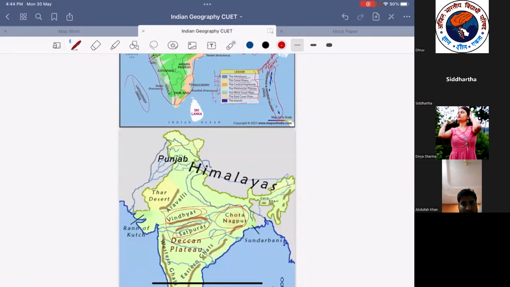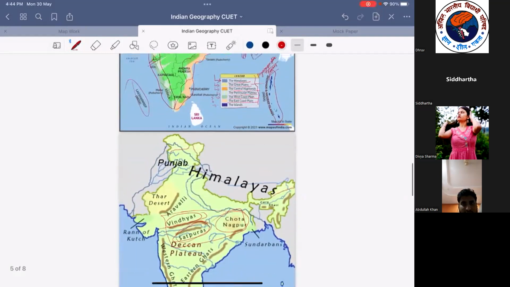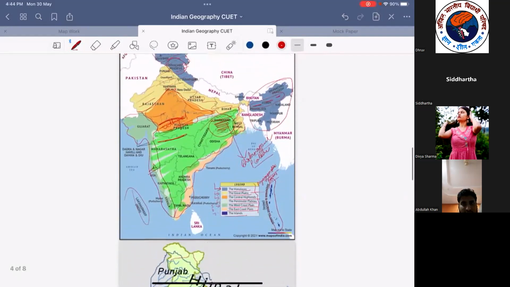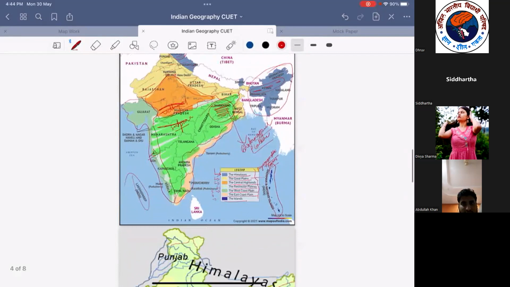Vindhyas and Satpuras both come under more or less Madhya Pradesh and Maharashtra only. Vindhyas range is completely in Madhya Pradesh, and the Satpura range you can identify is somewhat between the Madhya Pradesh and Maharashtra border.